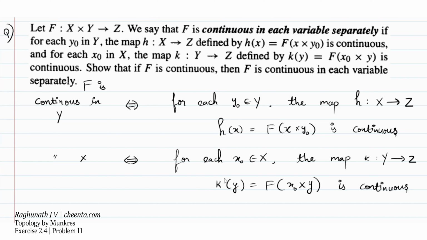Let us prove that if F is continuous, then F is continuous in each variable separately, that is, it is continuous in y and x.